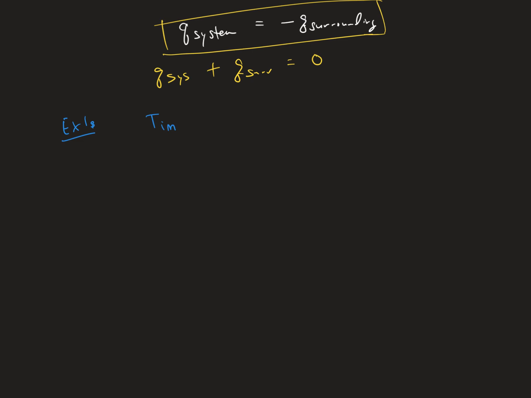Initial temperature of the metal is equal to 90 degrees Celsius, and it's submerged into 425 milliliters of water. And the water has an initial temperature of 22 degrees Celsius.